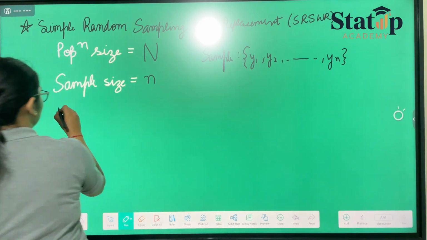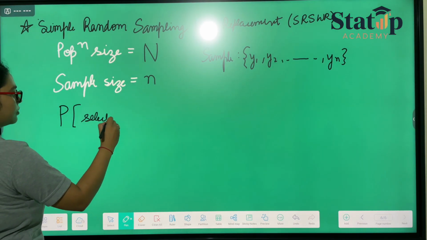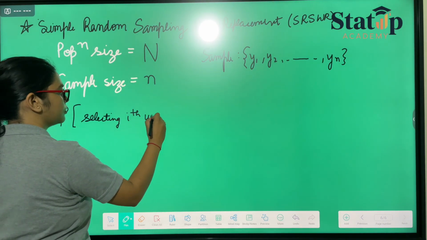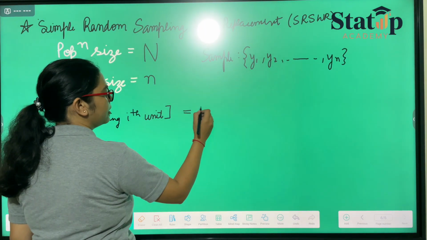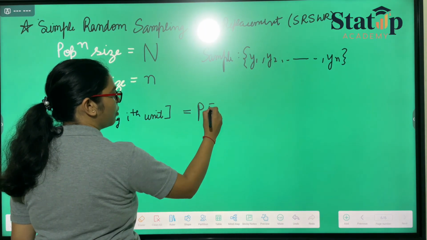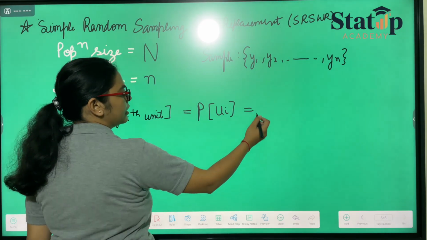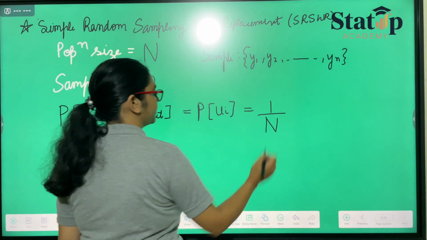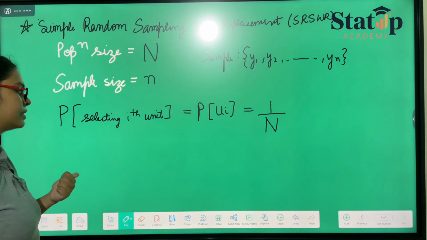Now the probability of selecting the ith unit from the population is given by the probability of ui, the ith unit, is 1 upon capital N. This is the probability which we have discussed previously.